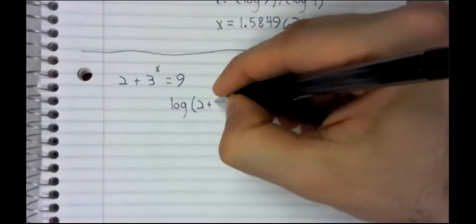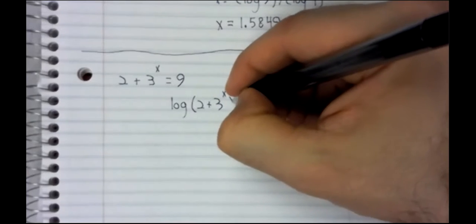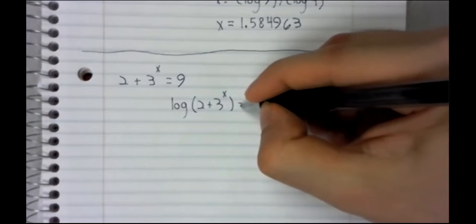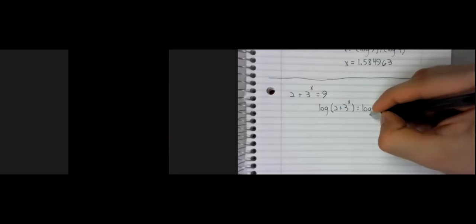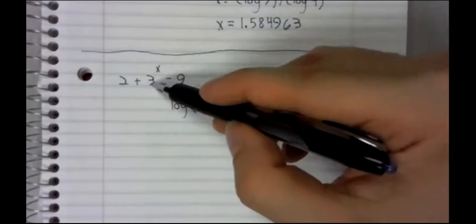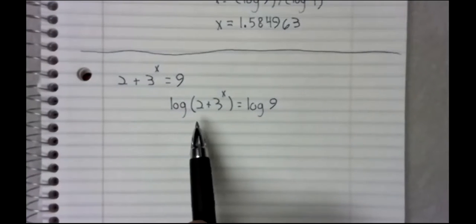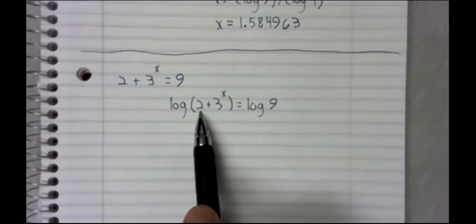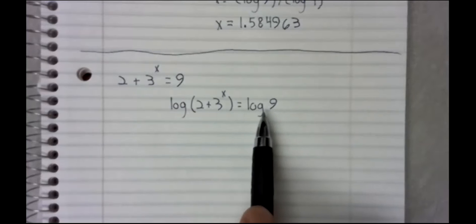A common mistake people make is to see this exponential and take a logarithm of both sides.